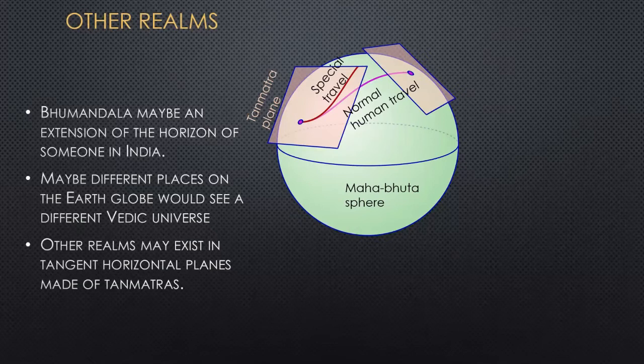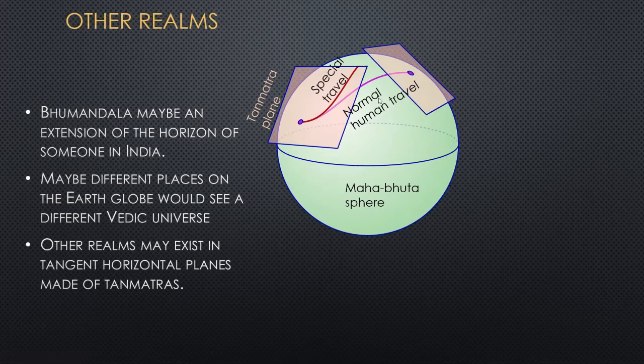We don't hear anything about Africa directly. So maybe, and this is just a postulation that we're working on right now at the Bhaktivedanta Institute of Higher Studies, there is this Tanmatra plane that extends from Hastinapur, and that is the vision that Shukadeva Goswami had as he was talking to Maharaj Parikshit.